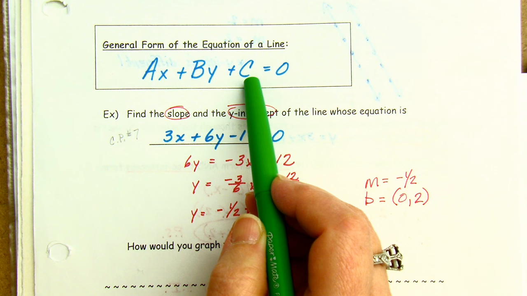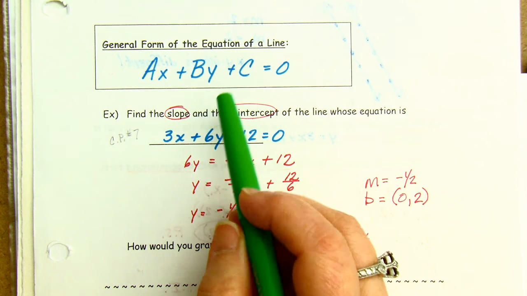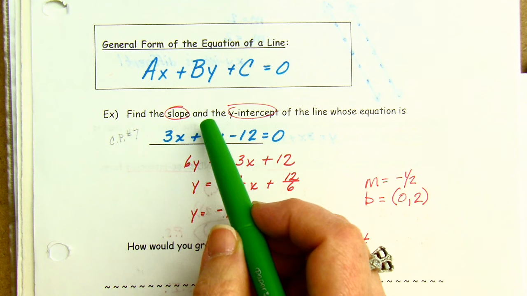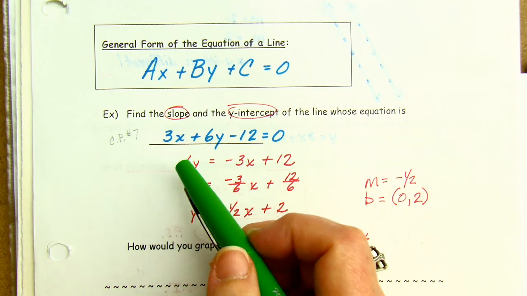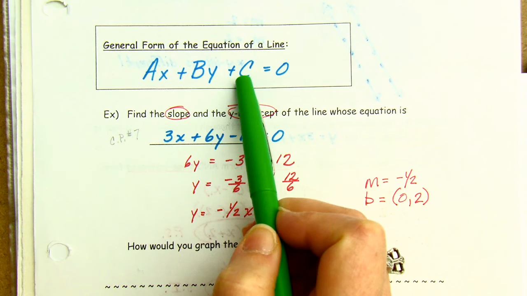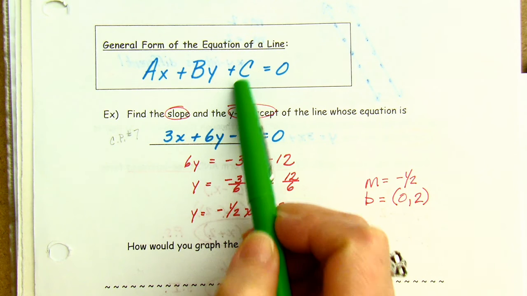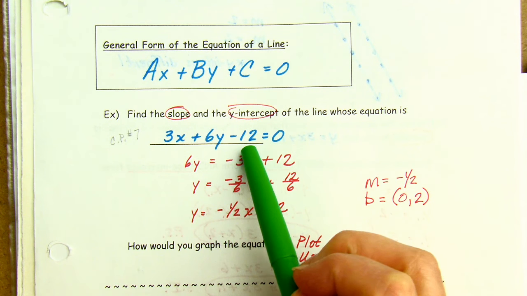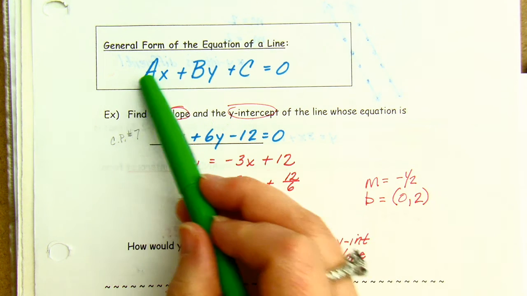So if you end up with a fraction, you've got to multiply through by the least common denominator to get rid of those fractions. So keep that in mind. That's why this is capital, and this is capital, because that is indicating that these values are all integers. If you think of the y equals mx plus b equation, the m and the b are lowercase, whereas A, B, and C are uppercase.